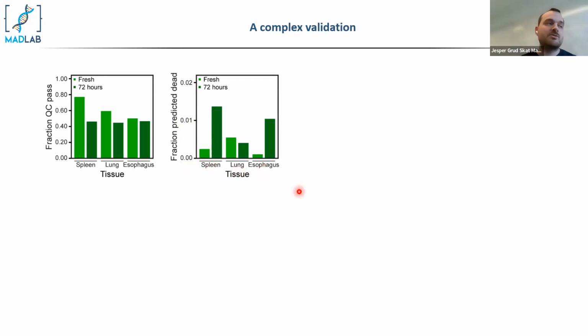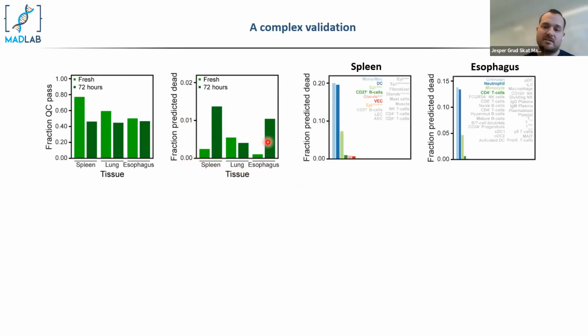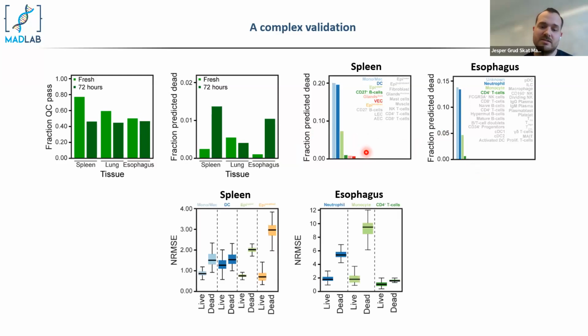We then wanted to ask if we can rescue these 72-hour samples by removing the dead cells. And what we could see is that the dead cells are not uniformly distributed across cell types. So it seems that some cell types are more prone to dying in these storage conditions.